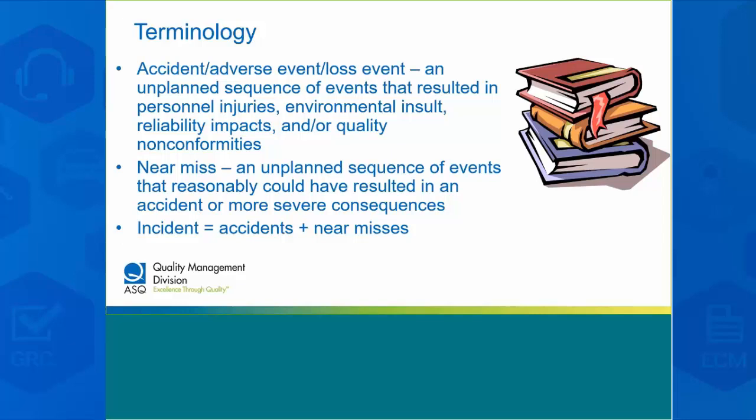For example, an employee can sustain minor injuries or a small amount of hazardous materials could spill, but there still could be a potential for more serious impacts to the individual or to the environment. So for us as root cause analysts, incident investigators, these are the things that we deal with as we do our investigations: accidents and near misses.